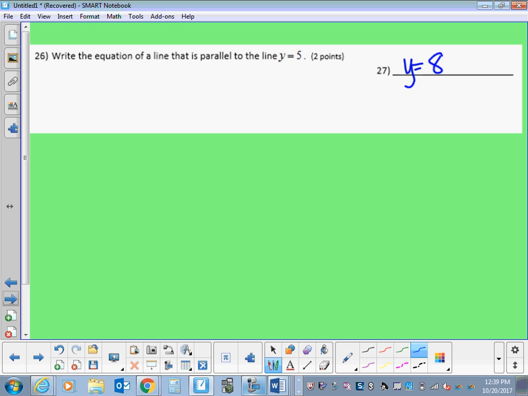You can do 8. One year I had some kids say y equals 520 something. Doesn't matter. As long as it's just y equals a number, it doesn't matter. If you wrote x, that would mean it's perpendicular. Does that make sense? So pick any number you want.